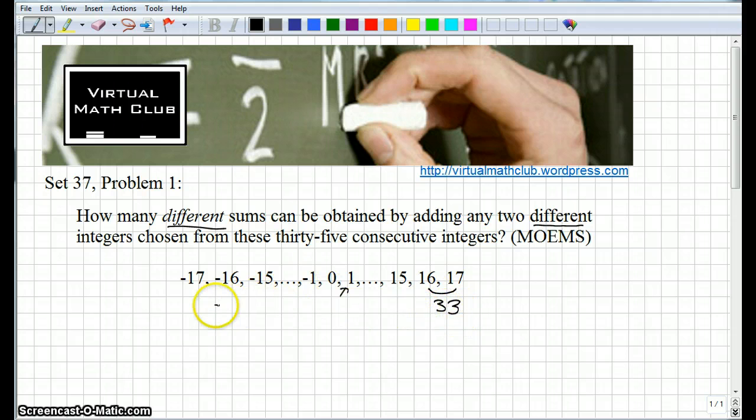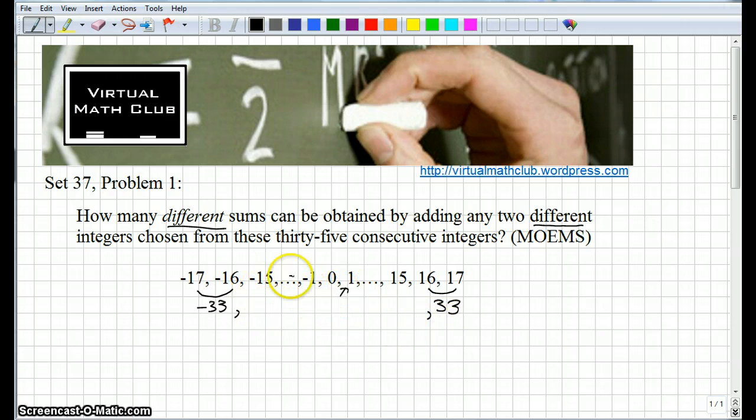That's the maximum. And the minimum is going to be when you take these two negative numbers and you get negative 33 when you add negative 17 and negative 16. So you know that all of the numbers are going to be bounded by these two limits, right? Negative 33 and 33.